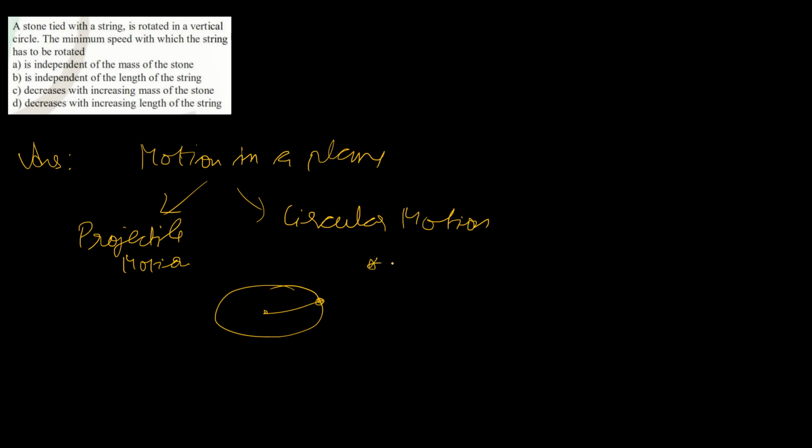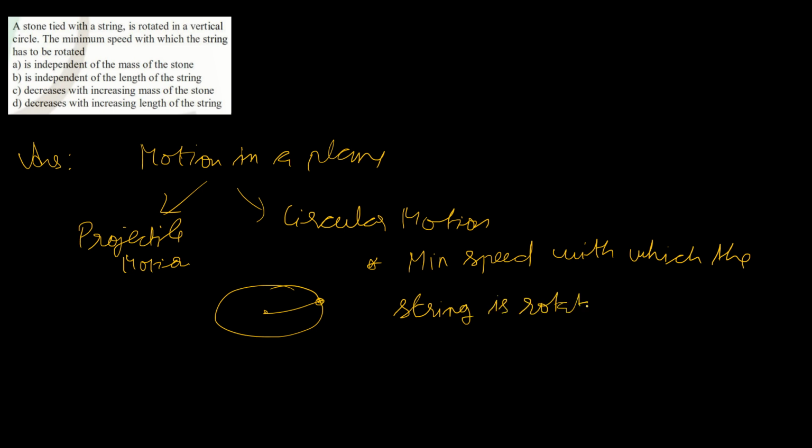Formula: minimum speed with which the string is rotating in a vertical circle, comma, v is equal to root of gr.